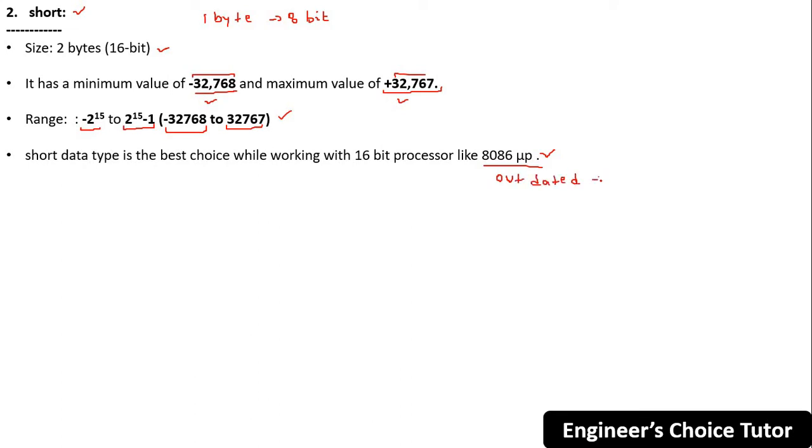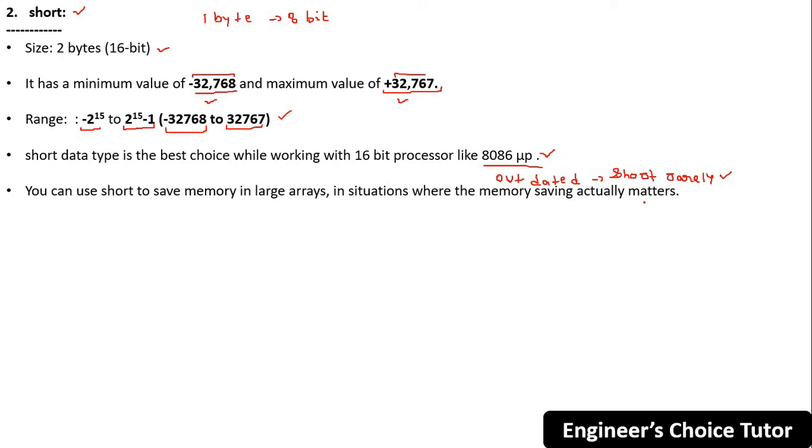Because of this reason, short is rarely used now. This thing is clear. You can use short to save memory in large arrays in situations where the memory saving actually matters. In that case, you can use short.